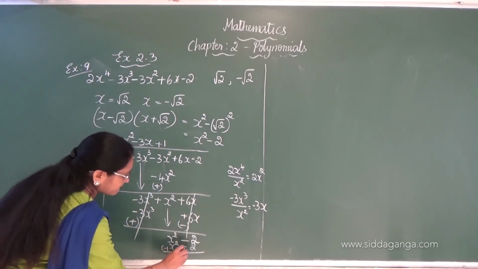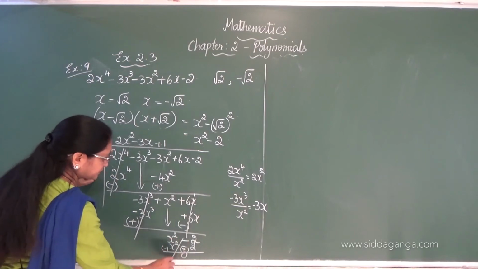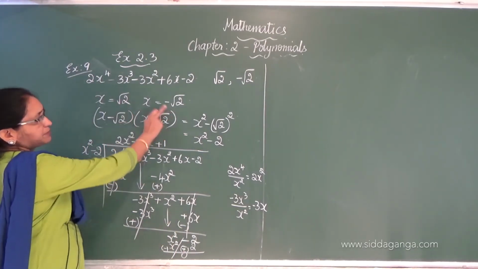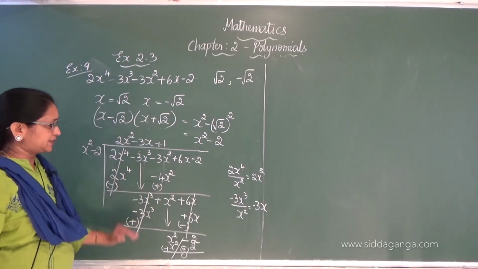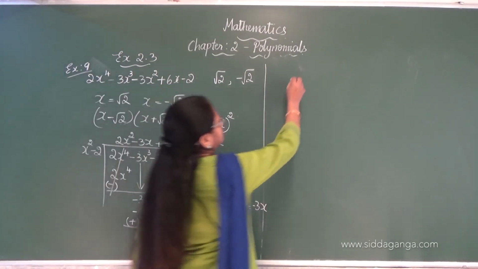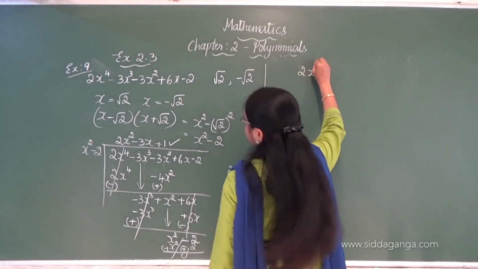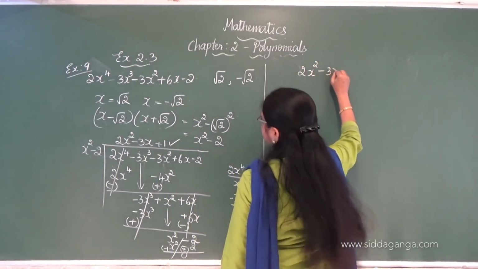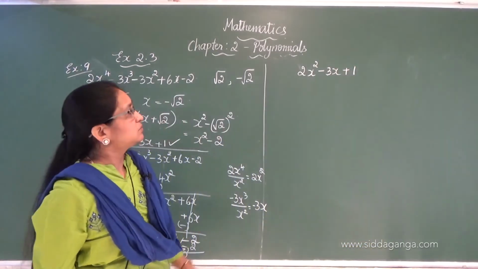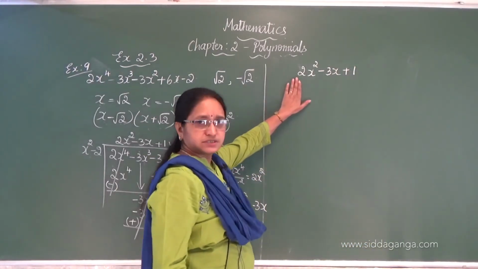Change the sign, get 0. Now see, first step you did this, next you have divided. Now you got the quotient, isn't it? That is third step, 2x square minus 3x plus 1.